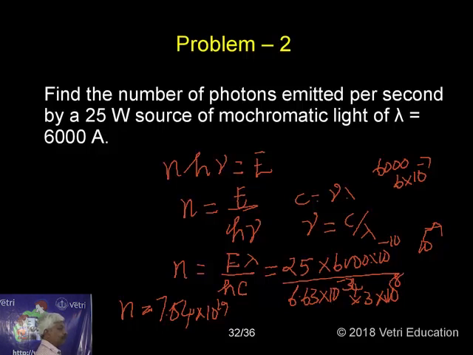This 34 goes in the numerator, plus 34, 10 power 35. On simplification, we get the value of 10 power 19. That is what you have to think through first, the minus 34 and that 10 power 8. So we have to substitute everything, and we will be able to find the answer.